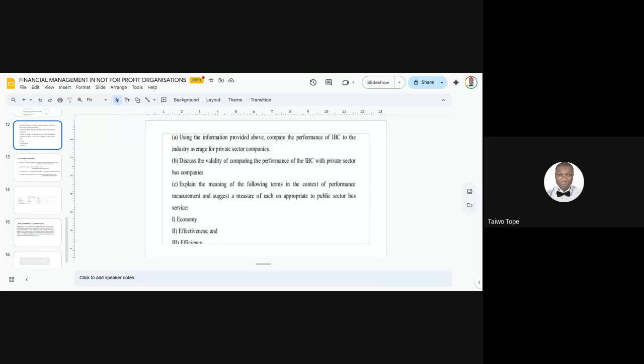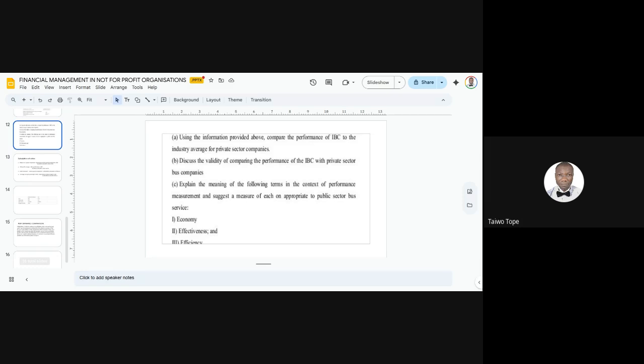So these are some of the reasons why it is not justifiable to compare both, because their aim and objectives are not the same. So that is one thing you must note in relation to requirement 2.